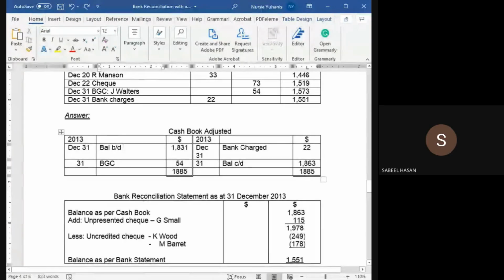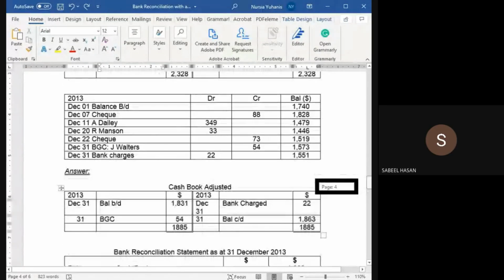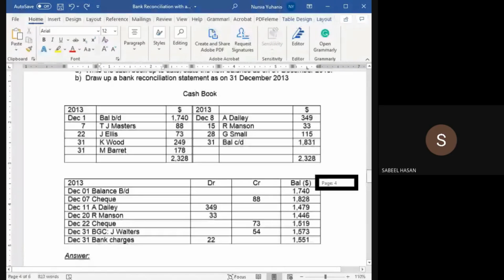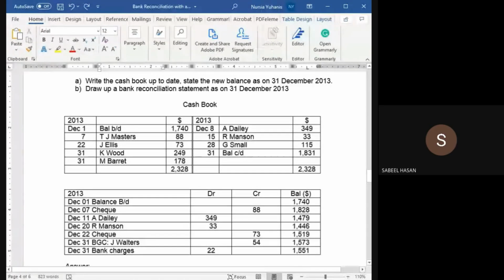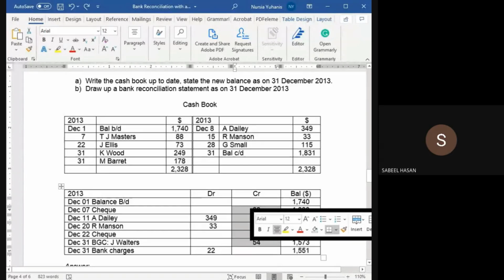Then you plus and minus the items that are not available in your bank statement, that do not tally between bank statement and cash book. So again, you follow the steps. You compare the debit side of the cash book with the credit side of the bank statement. If it's there, you tick.